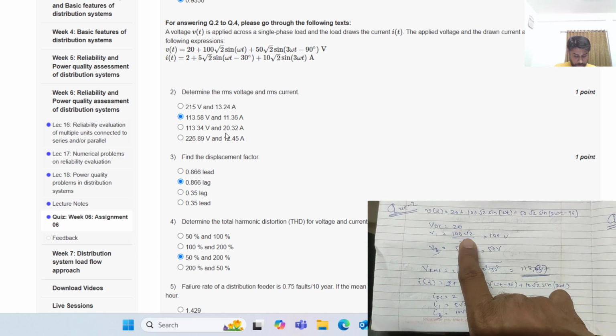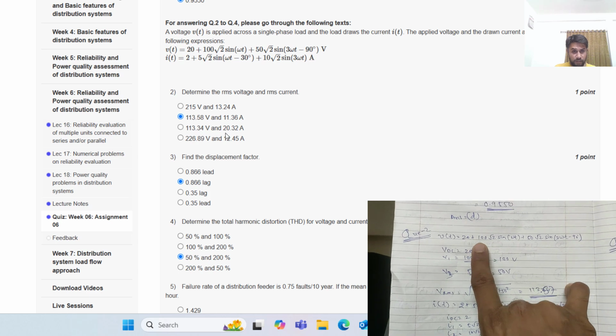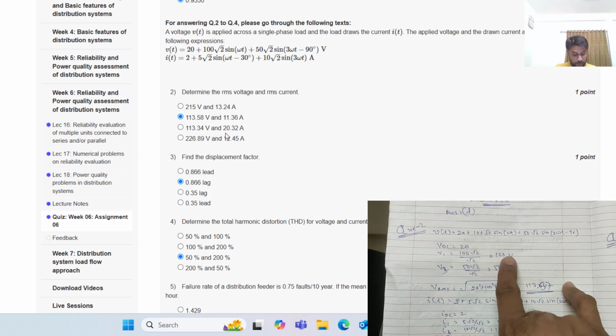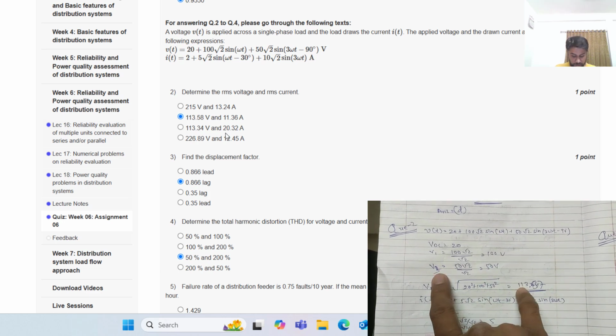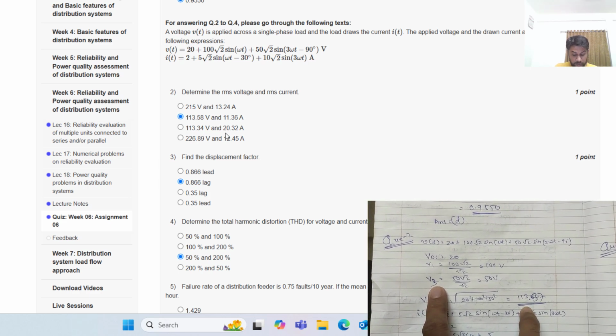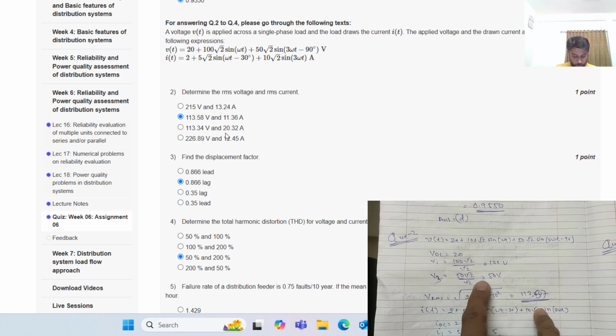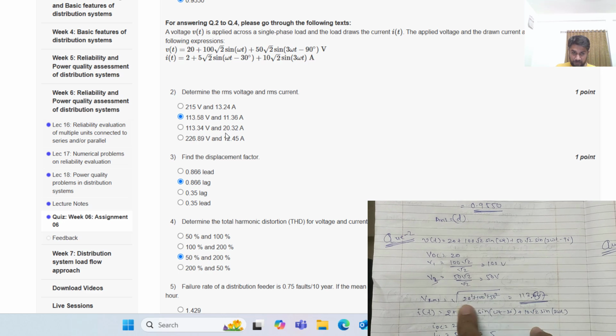The voltage of the fundamental is 100 root 2, divided by root 2. Maximum value divided by root 2 is the RMS value, so 100 volt RMS, and the third harmonic component peak value is 50 root 2, divided by root 2 gives us 50.